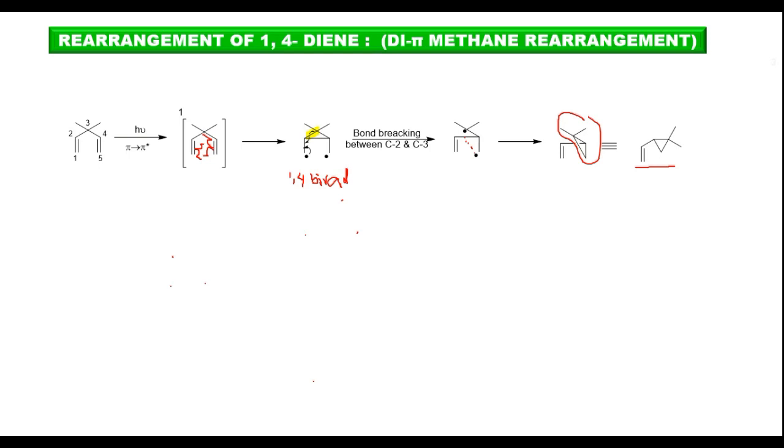Now after that, you can cleave this bond, or you can also cleave this bond. If you cleave this bond, you get one product. If you cleave the other bond, you get another product. But you remember, friends, when the substituents are different at the terminal positions, then you have to do two reactions.